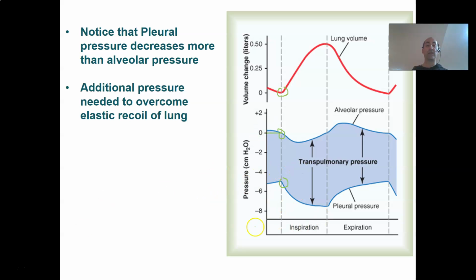And if the alveolar pressure is 0, then there's no gradient for you to move air. At the same time that the alveolar pressure is 0 at this point, there is 0 volume change.